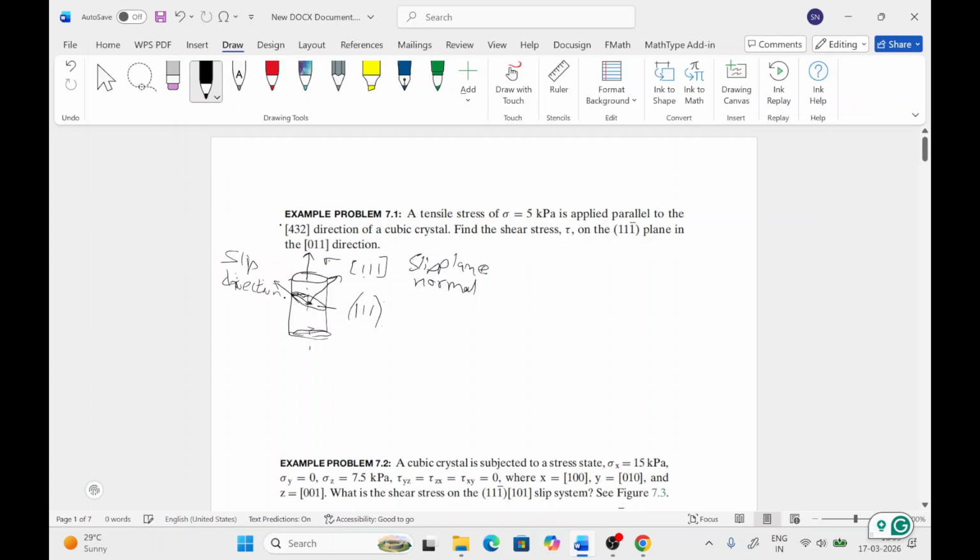So for the 111 plane, the 1 bar 1 0 is the direction for the slip to occur, meaning the glide direction.